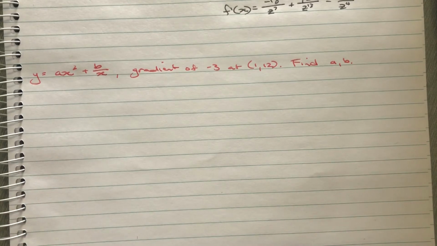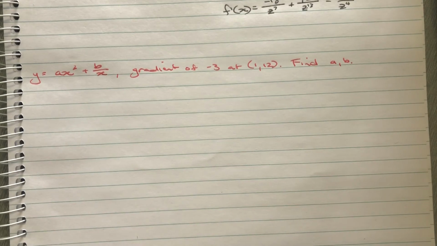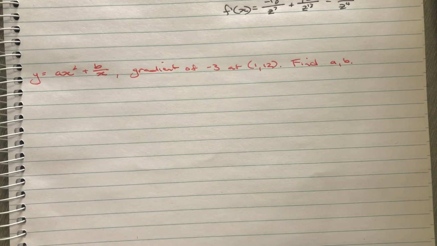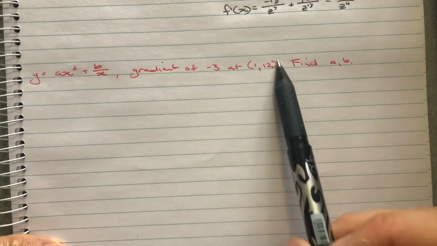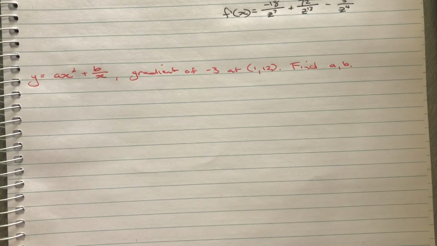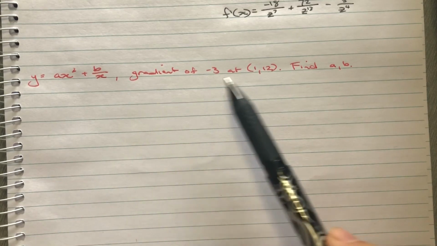Alright, now this is one where we're solving for A and B. So it's a little bit different to what we have been doing because we were just differentiating there. This time we're actually applying it a little bit. So here's our rule, and this is the information that it's given us. So it says the gradient is -3 at the point 1 and 12. Now they've actually given us two pieces of information here.